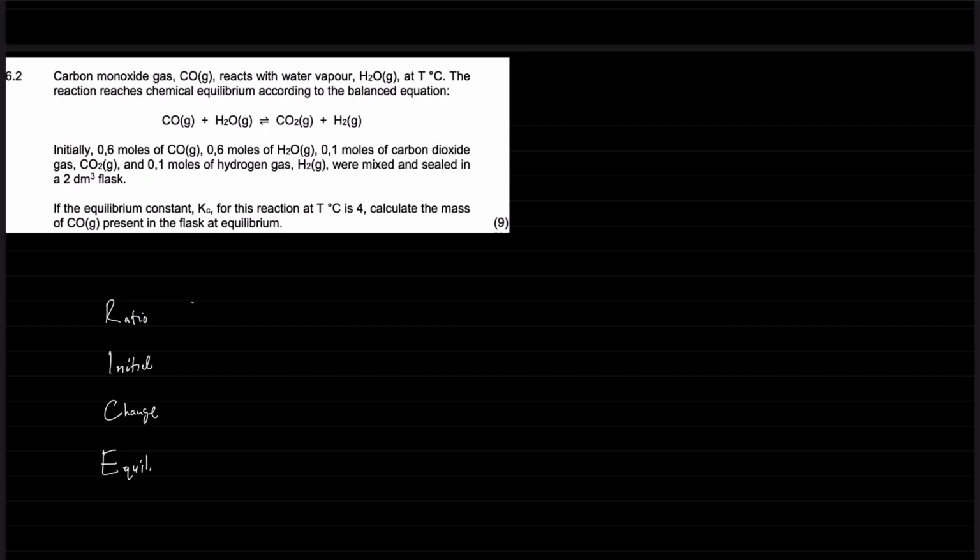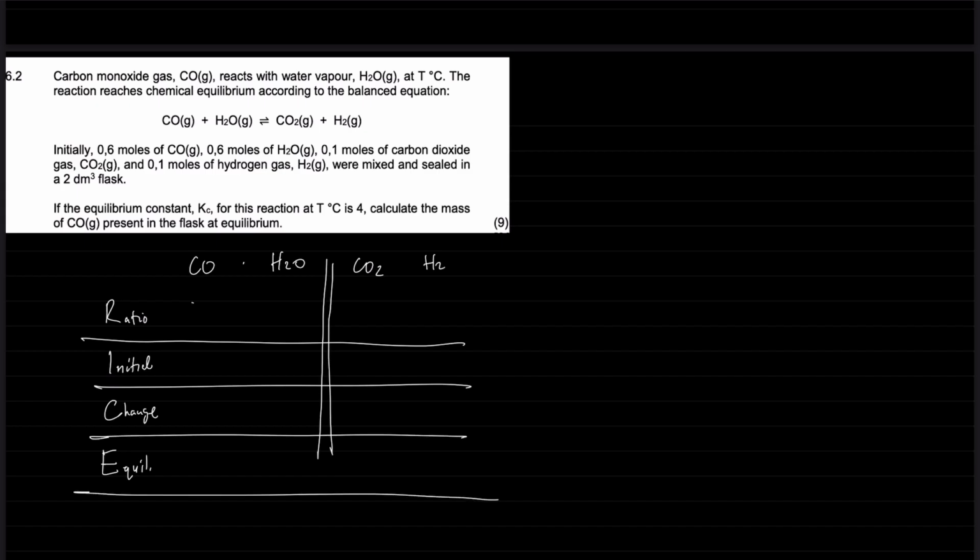Now let's write out our reaction here: CO, then H2O, then CO2, then H2. I'm going to draw a double line to separate reactants and products, and then let's neaten up this table.